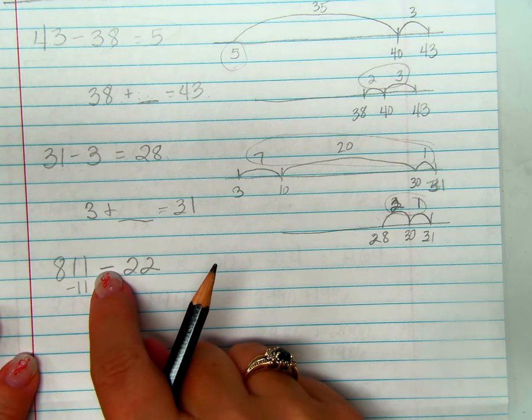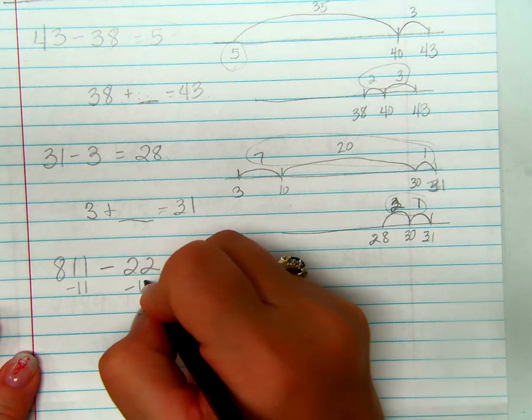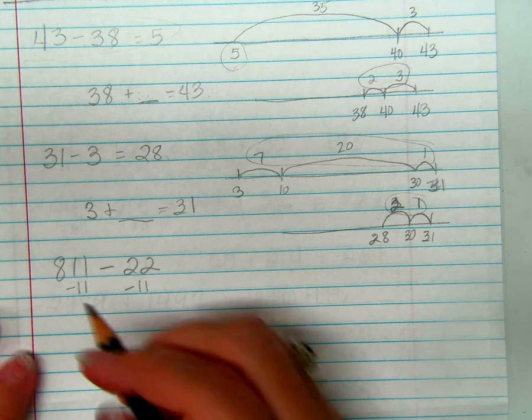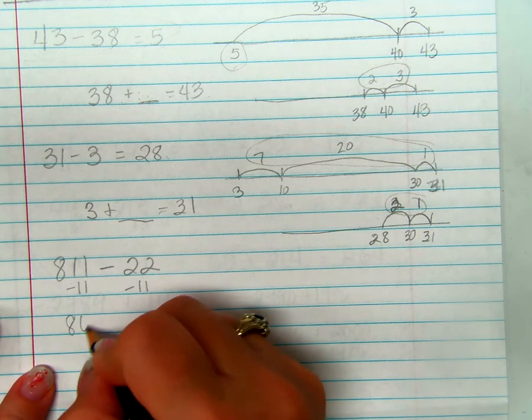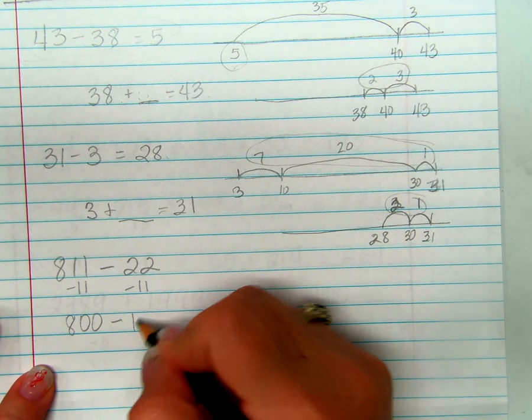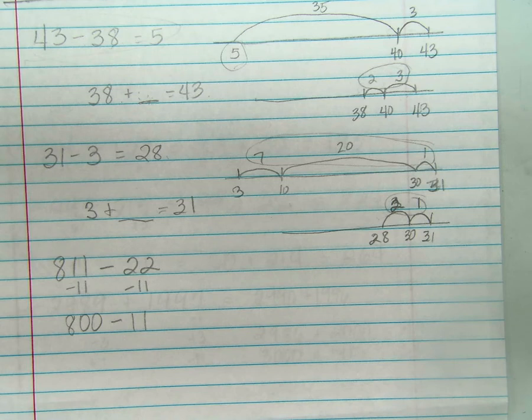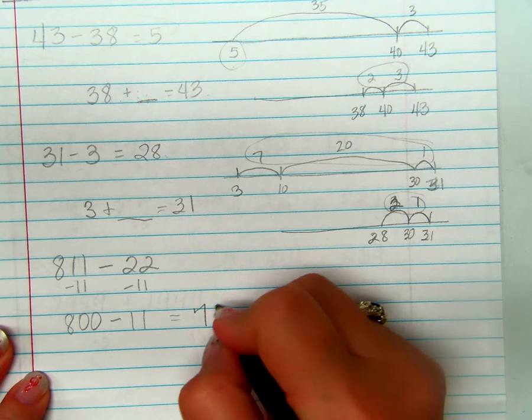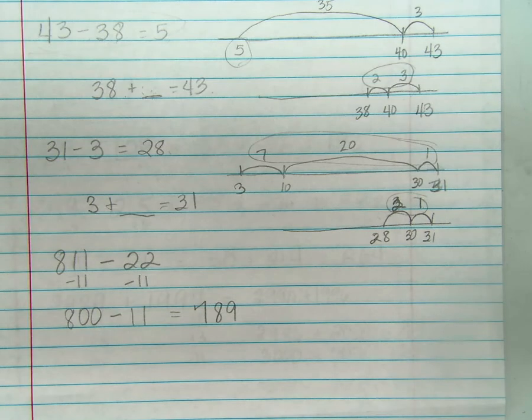Because this is a subtraction problem, I also have to subtract 11. Very good. Okay? So this gives me 800 minus 11. Isn't 800 minus 11 a much easier problem than 811 minus 22? And we know the answer is 789. Very good.